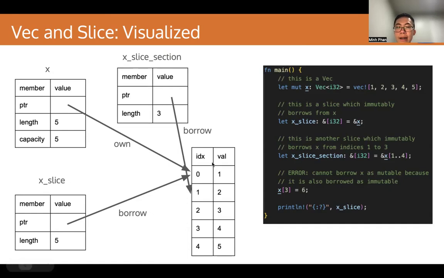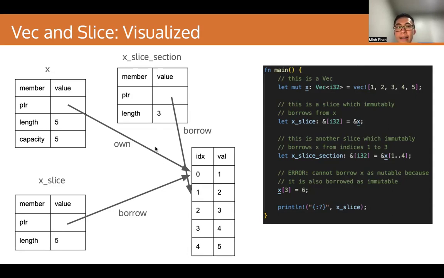So it allows us to view into all of the 5 elements of the array. And we also see the variable x_slice_section here. Since our view or our borrow only starts at index 1, the pointer will point to index 1 instead. And the length is 3, meaning that we can view 3 elements. So element 1, element 2, and element 3.